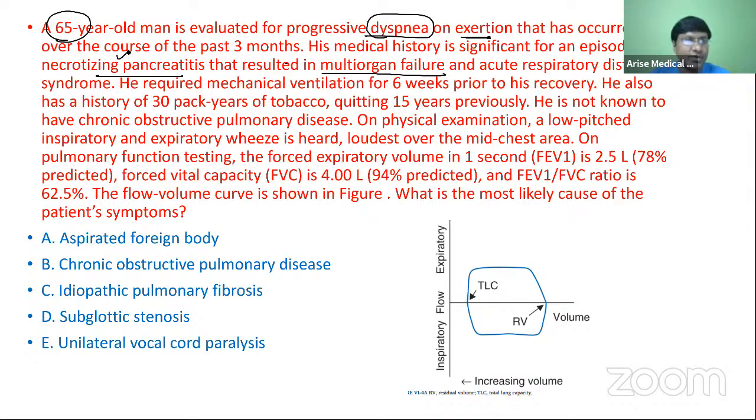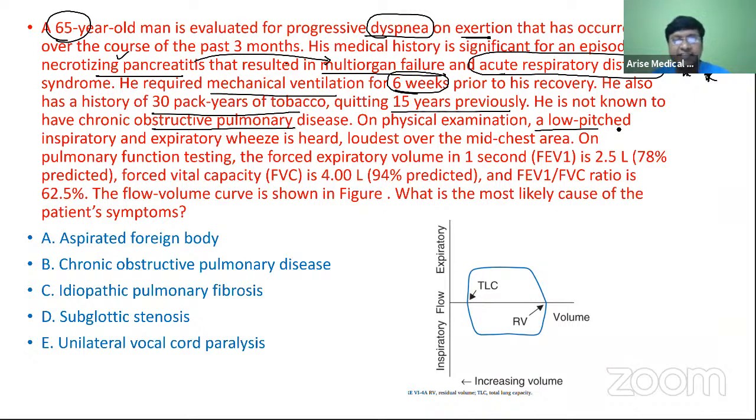So he had necrotizing pancreatitis, following which he had multi-organ failure, and he also had acute respiratory distress syndrome. This history is also very important. He required mechanical ventilation for 6 weeks prior to his recovery. He also has a history of 30+ years of tobacco use, quitting 15 years previously. He is not known to have chronic obstructive pulmonary disease.